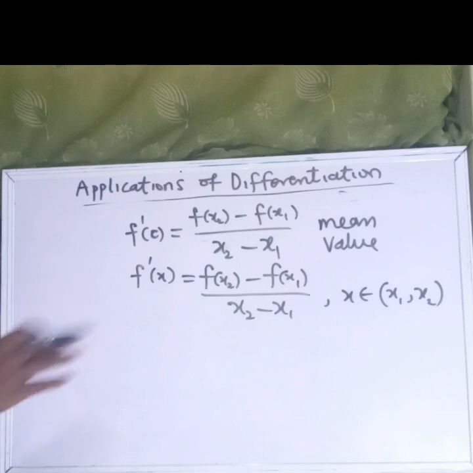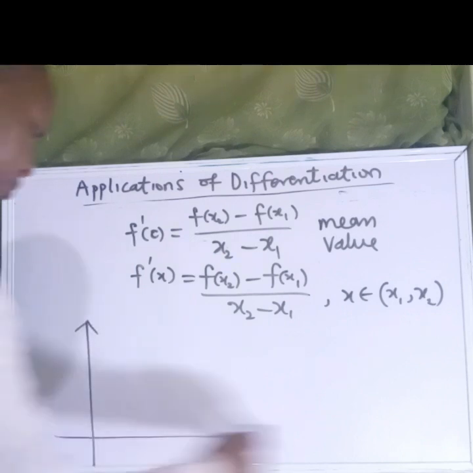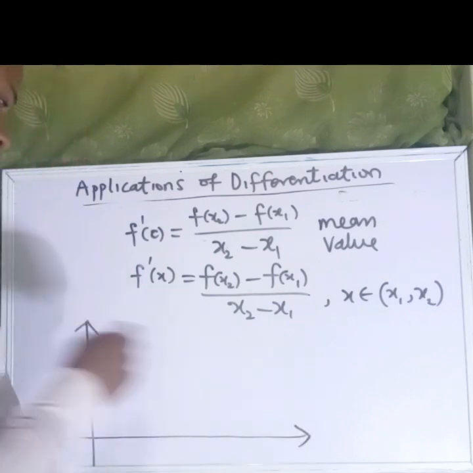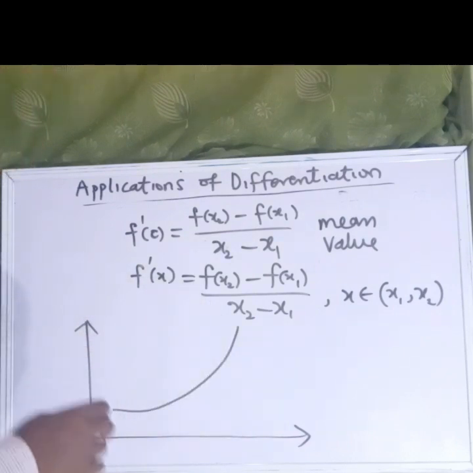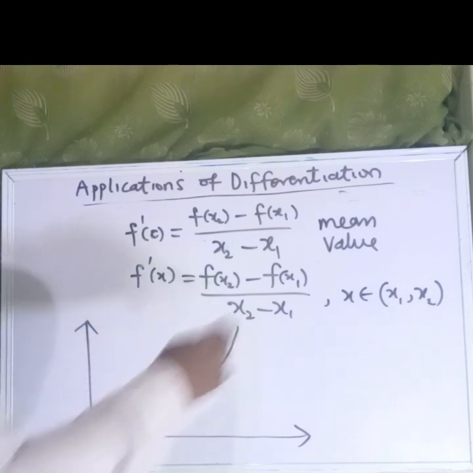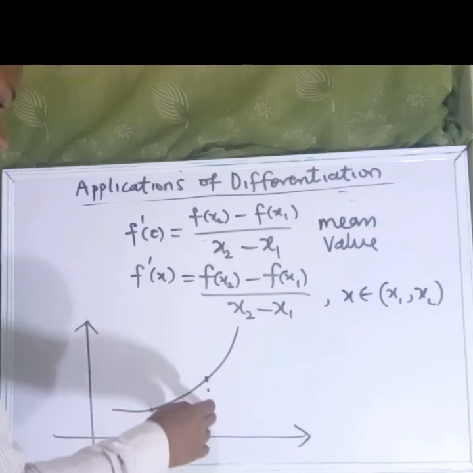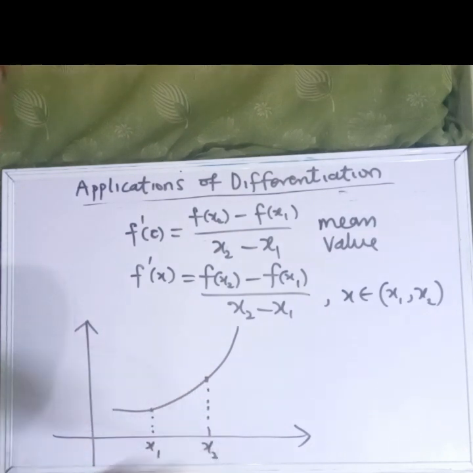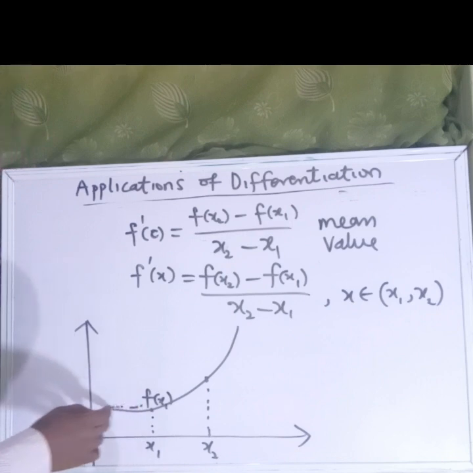So now I want to use the notion here. Now, if we have a graph of a function f of x, suppose we have the graph which is of this form, we'll be particular about x1 and x2 now, since we know both of them lie in a particular interval. So here we have said this is f of x1, and of course this f of x1 can be traced to this point.